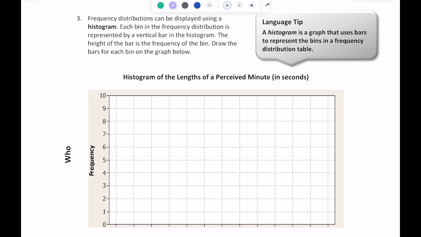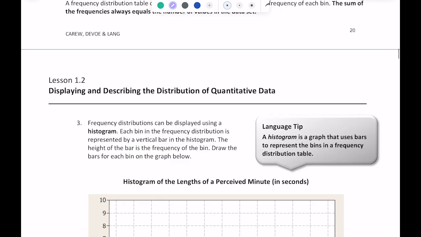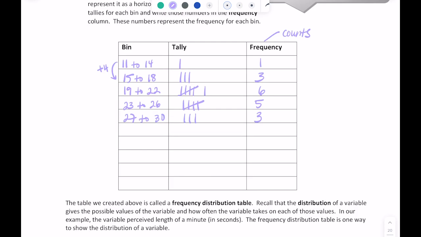Histograms don't have spaces between the bars, unlike bar charts, which can. The only time there would be a space between the bars in a histogram is if there naturally occur 0 numbers in that interval. As you can see in our frequency table, we don't have any zeros, so all of our bars in the histogram are going to be together.